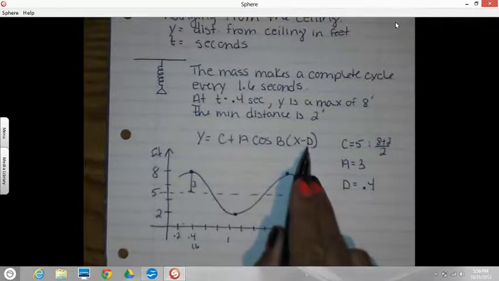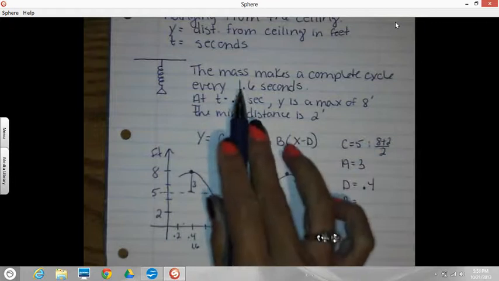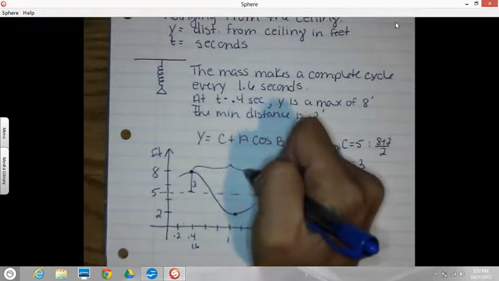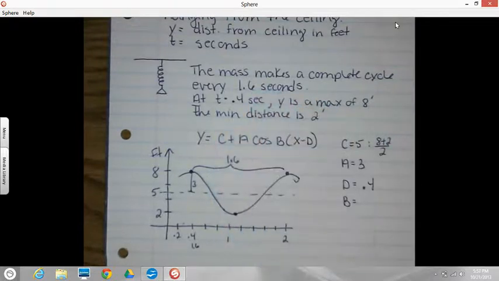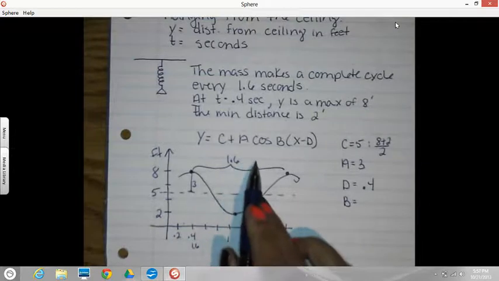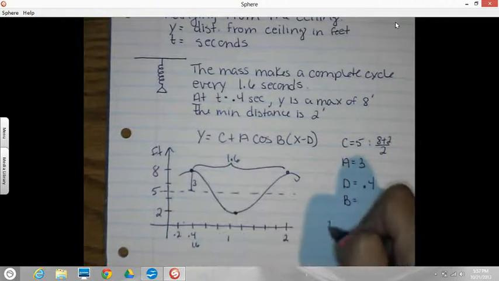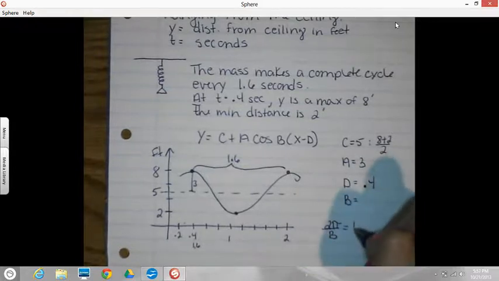And now I got to figure out the B. B is not equal to this period length. It said it took it 1.6 seconds to complete. Two pi divided by B has to equal this number. So we got to do a little bit of math to find the B. So 2 pi divided by B has to equal that period length of 1.6 seconds.